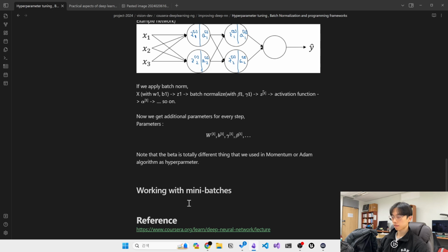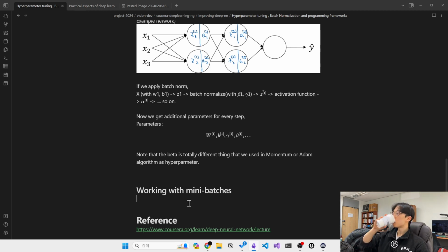And then batch norm would subtract by the mean and divide by the standard deviation, and then rescale by beta 1, gamma 1 to give you Z1 tilde. And all this is on the first mini batch. Then you apply the activation function to get A1, and then you compute Z2 using W2, B2, and so on.